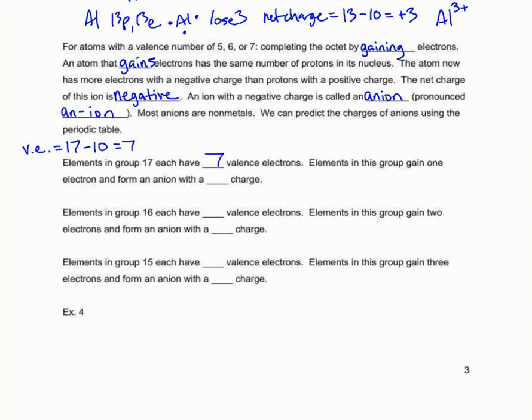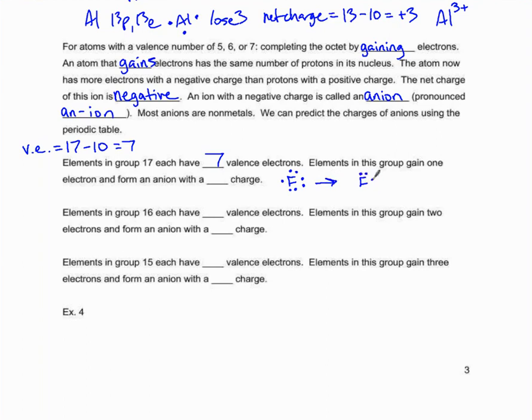So elements in this group will gain 1 electron and form an anion. So let's look at, how about fluorine? Fluorine is in group 17. It has 7 valence electrons, and it's going to gain 1.